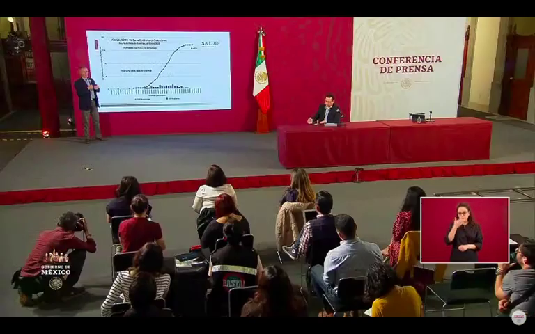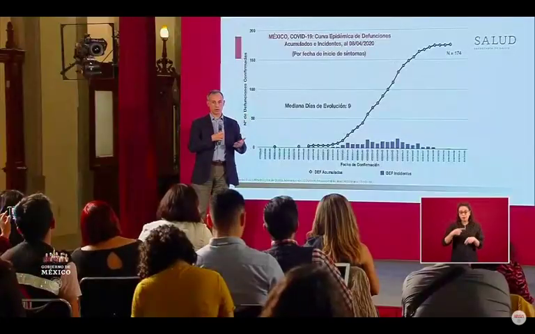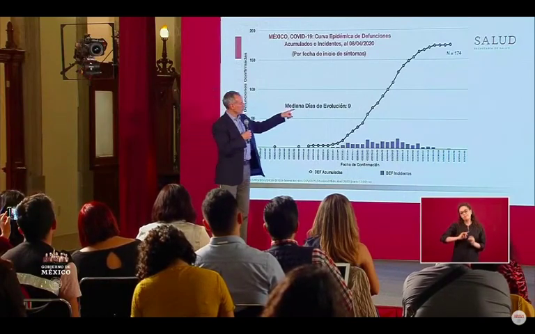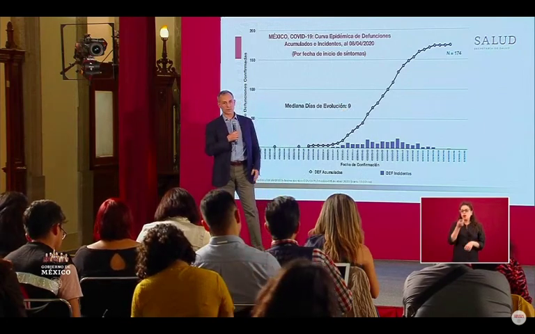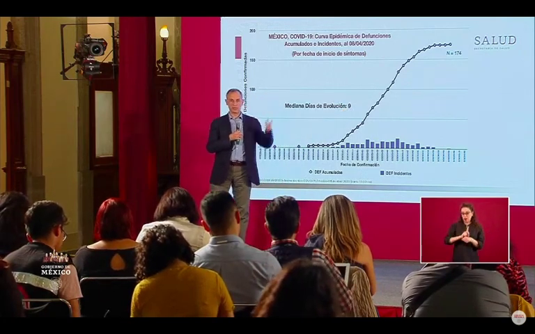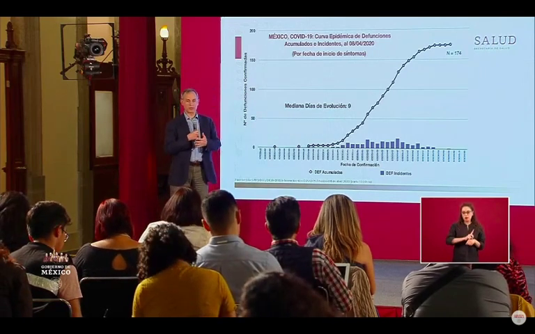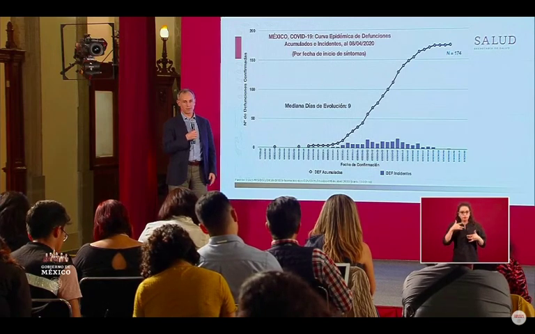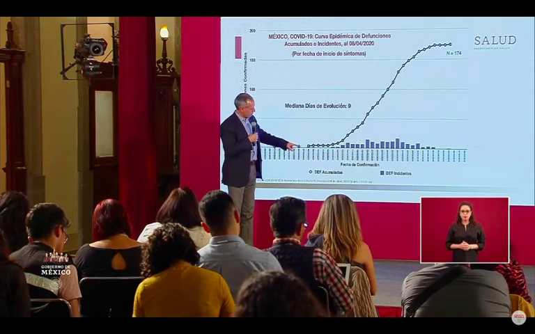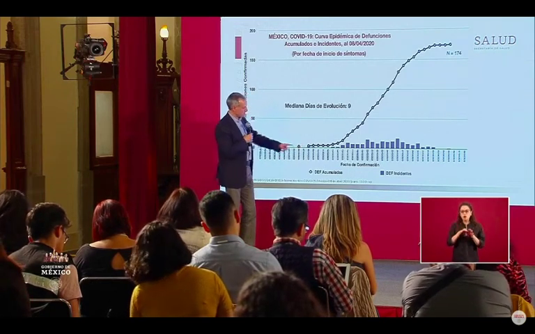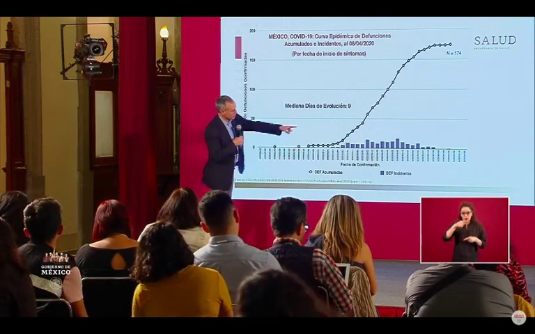So, of course, we can understand that from the moment the patient exhibits symptoms to the moment the patient unfortunately died, there is an amount of time. The average time is 9 days. So, on average, the people who have died so far from COVID, it has taken them 9 days to go from the first symptoms to the moment of their death.